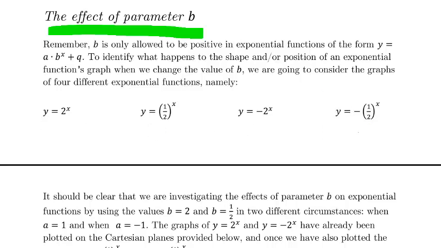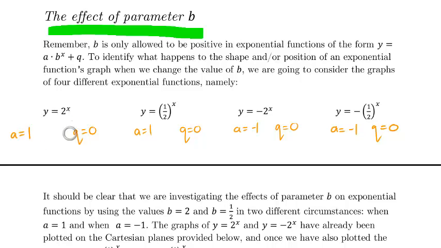We're actually technically looking at only 2 different b values that are combined with 2 different a values. For all of these graphs, q is just equal to a boring old 0. But for 2 of these graphs, a is equal to a positive 1, whereas for the next 2 graphs, a is equal to minus 1.